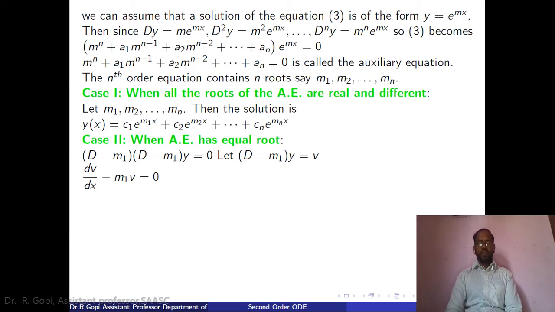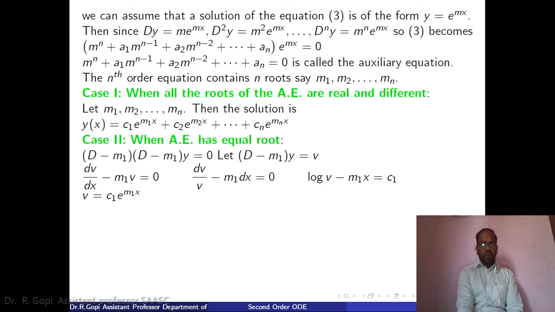Using variable separable, dv by v minus m1 into dx equal to 0, and integrating on both sides, log v minus m1 into x equal to c1, then log v equal to c1 plus m1 into x. Then cancelling the logarithm, v equal to c1 into e power m1 x.